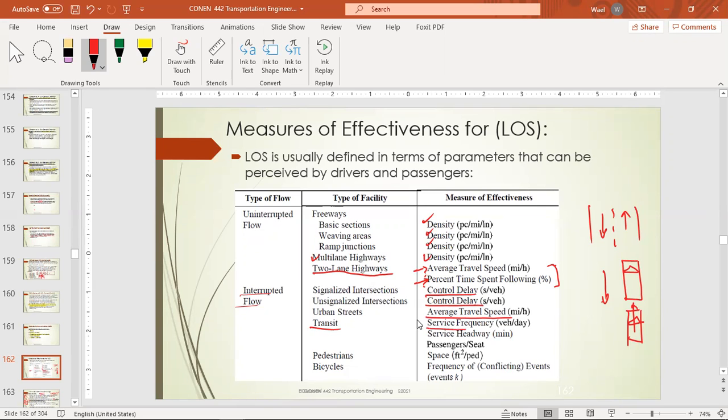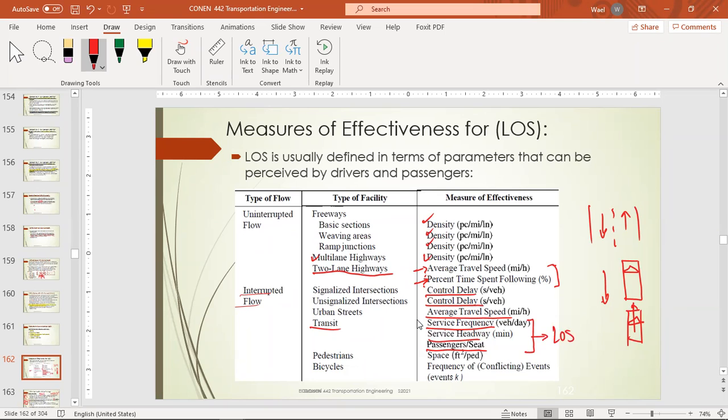So the service frequency, how frequent the buses are per day, or the service headway, the time between two successive buses, and the percentage of passengers to seats. Okay, so all of these three are used to describe the level of service for buses.